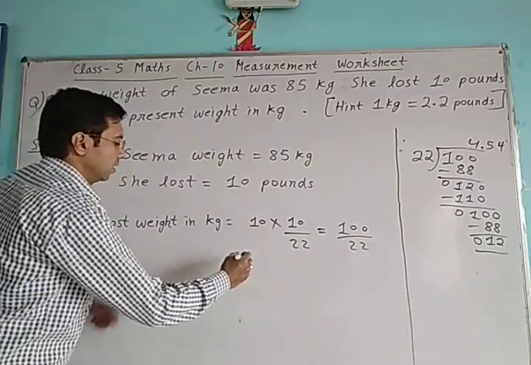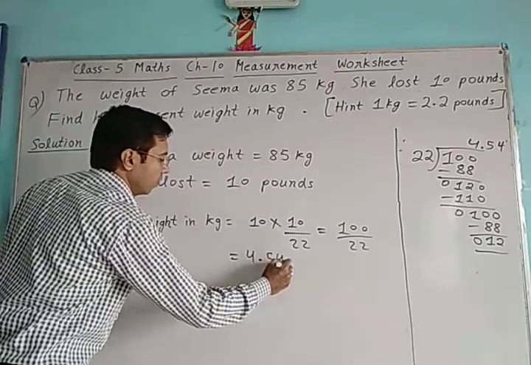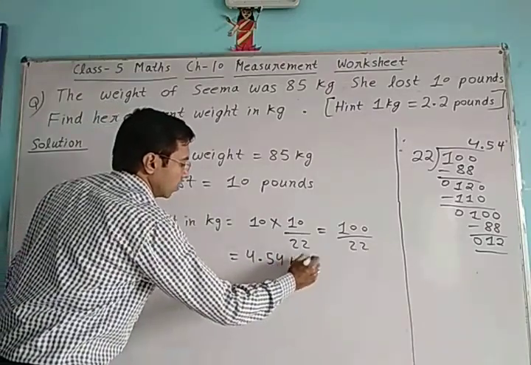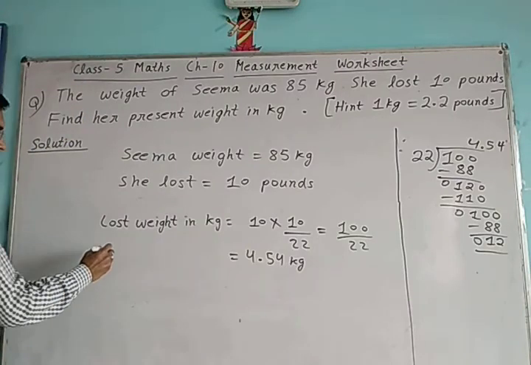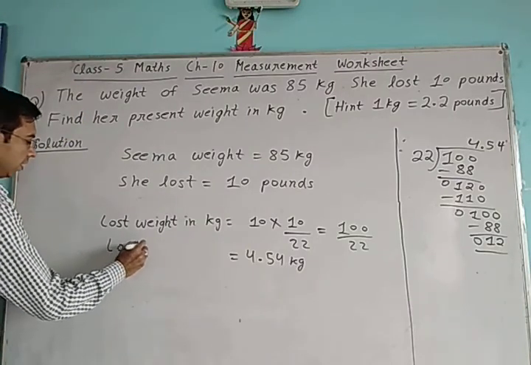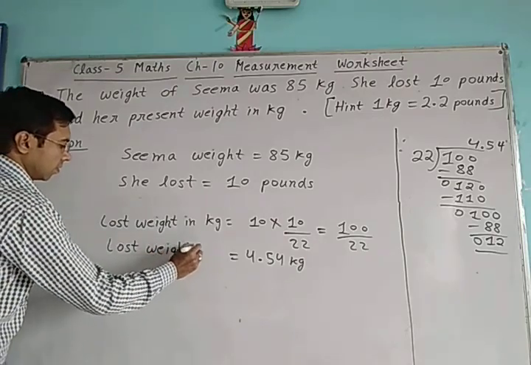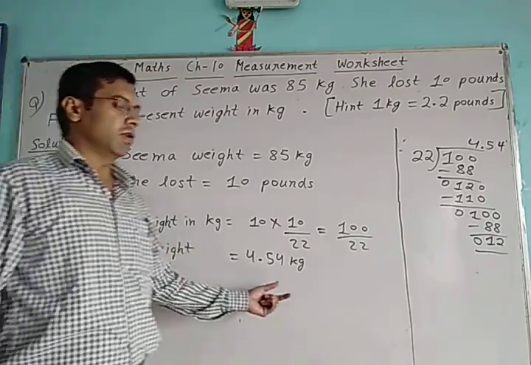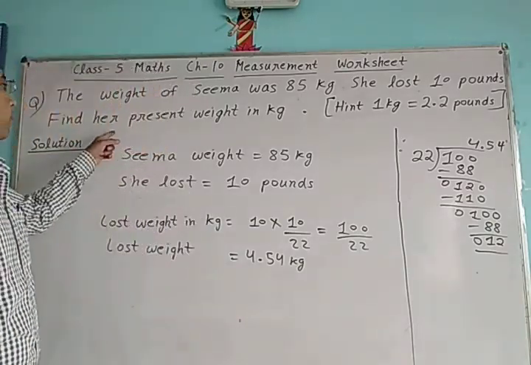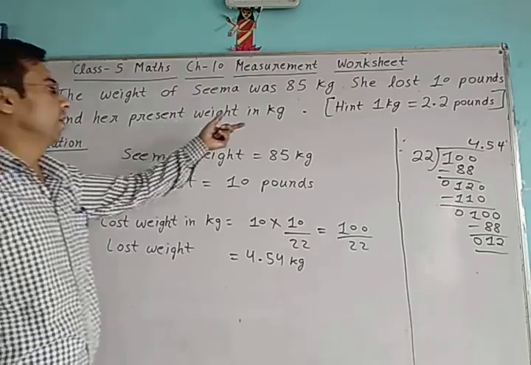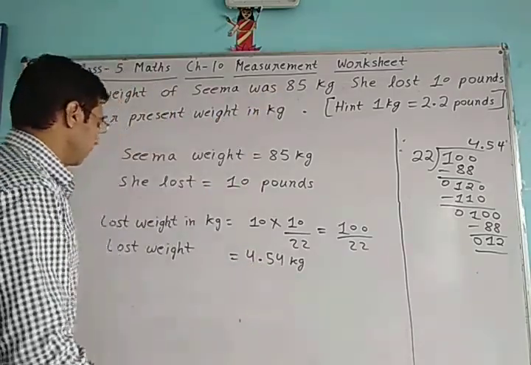So lost weight in kilogram, 4.54 kilogram. Clear, students? Lost weight, 4.54 kilogram. Now we have to find her present weight. So what we do? Now we subtract this 4.54 from this 85.